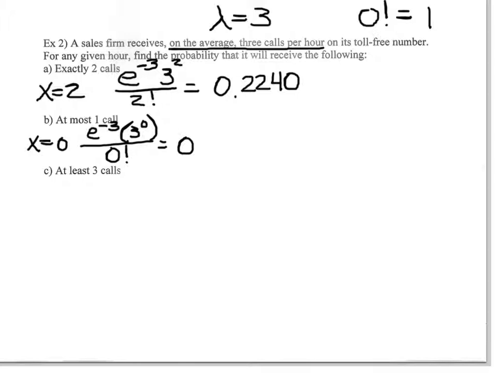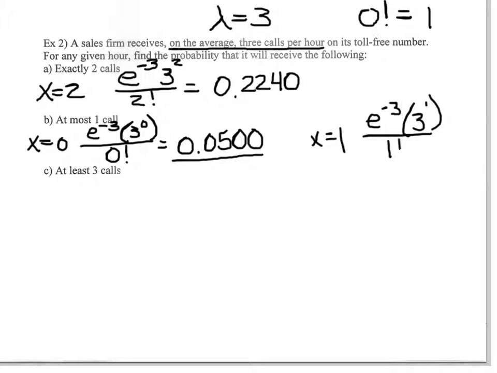So this ends up being a very small percentage of the time, but some percentage of the time nonetheless. X could also be 1, because we're talking about at most 1. No big deal. Follow the exact same logic. And they end up with a value of, I'm going to put it in my calculator.